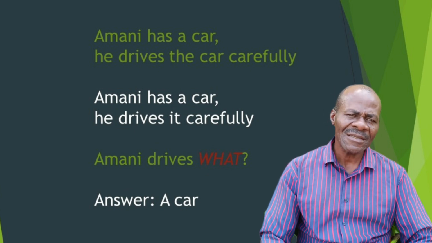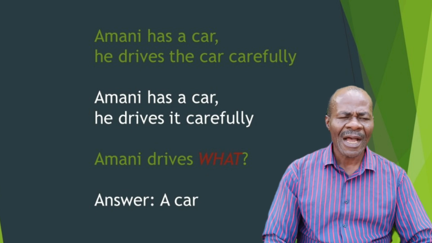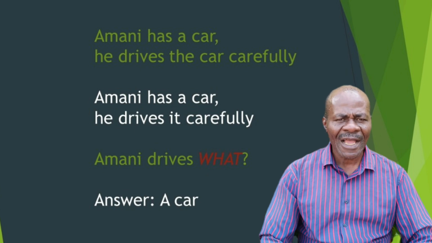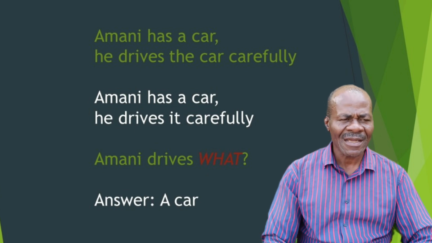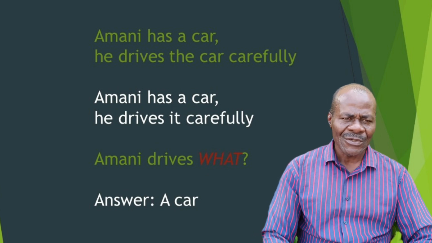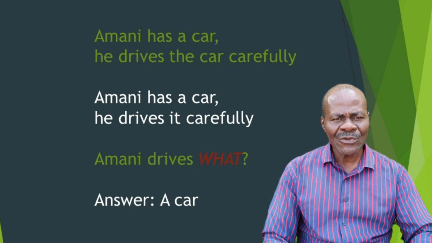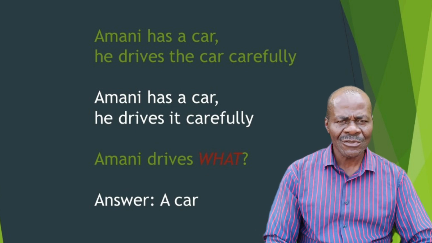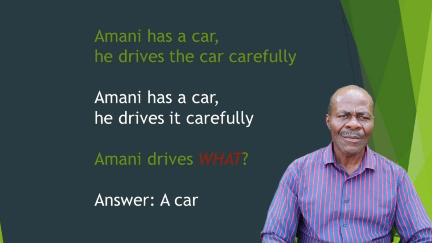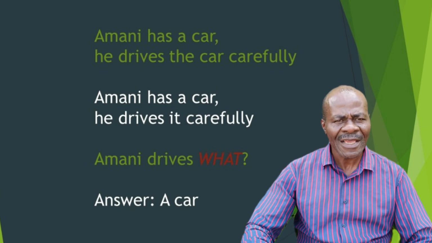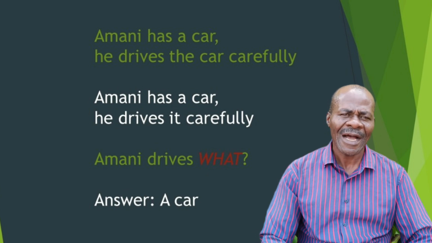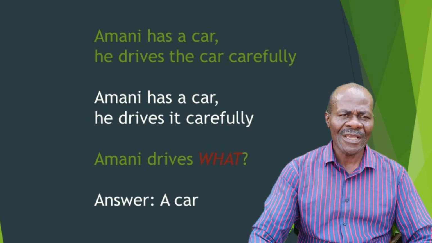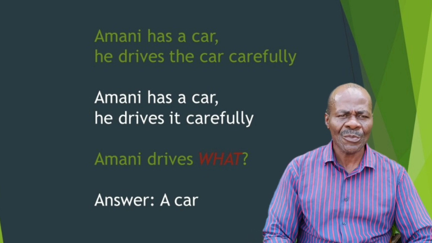So now, how do you get that it? It's just by asking yourself this question. Amani drives what? The answer: the car. Just by using the interrogative word what to get the answer makes the answer a direct object. Amani drives what? The car. So here car is a direct object.